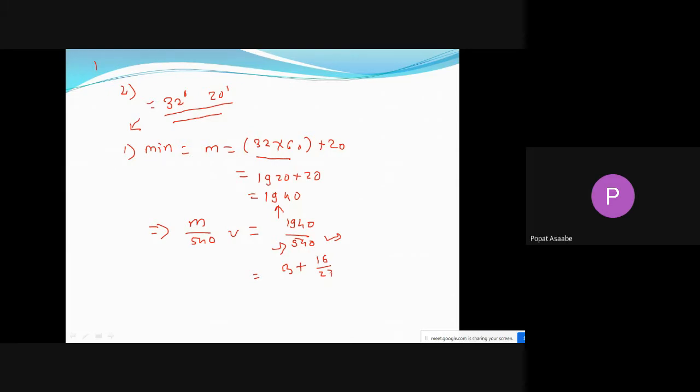It is correct. Then again we have to simplify it. Can I simplify it once again? We have to check whether that 27 is available.